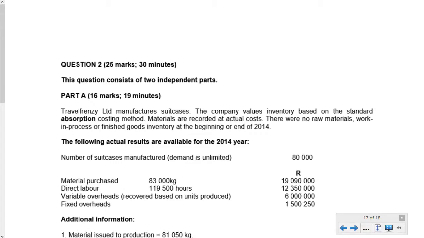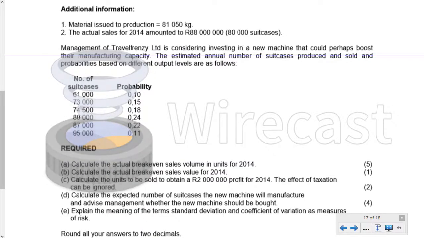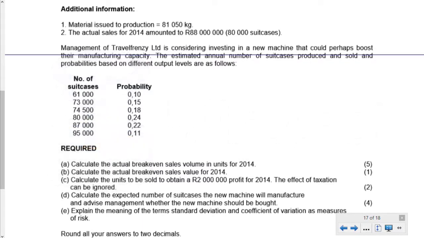Okay. All right. So this one is a two-part question. Part A for 16 marks is a company called Travel Frenzy. They make suitcases. You see here that there are some probabilities for this new machine. It looks almost exactly the same as the example that I just went through with you.